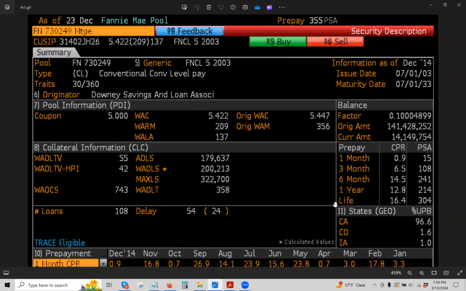So you have a balance here of $141 million, and now the current balance is $14 million. Obviously, there's a huge margin here, and there could be a reason why this balance is at $14 million when originally it was at $141 million. So that's something to take note of, because as you do your own research or your own learning, that's something we have to consider.